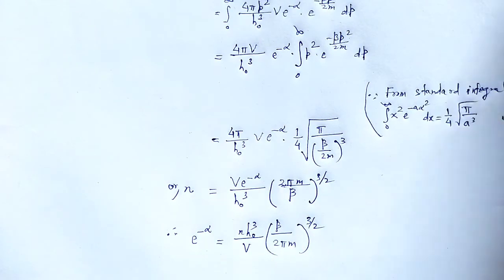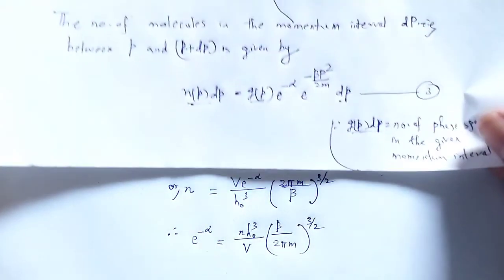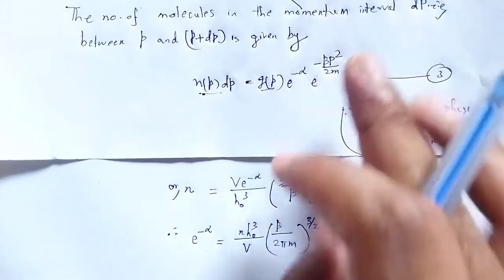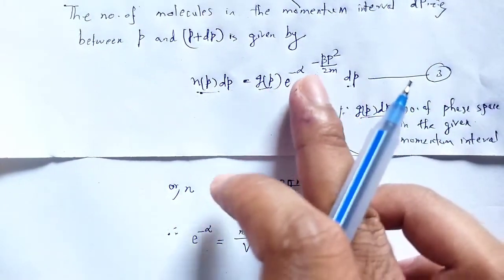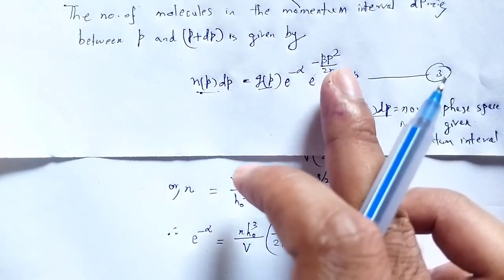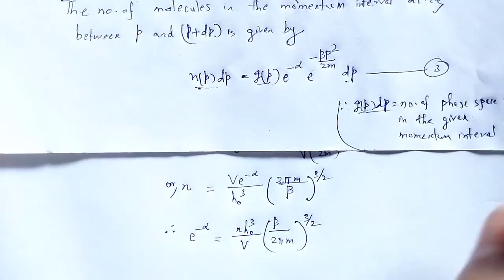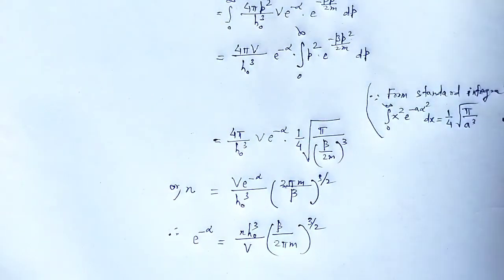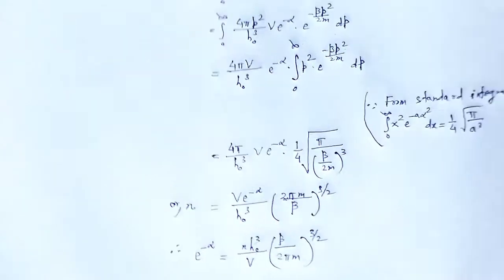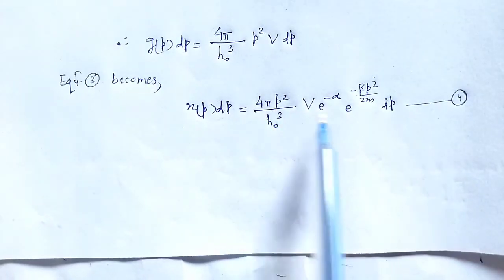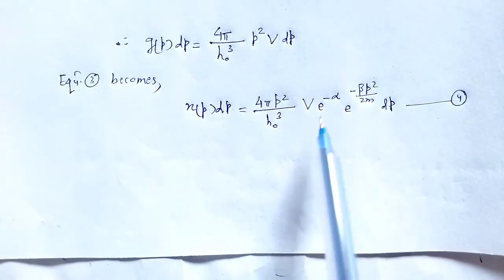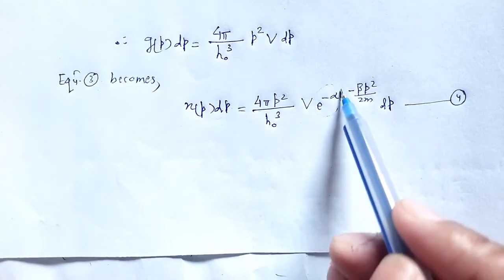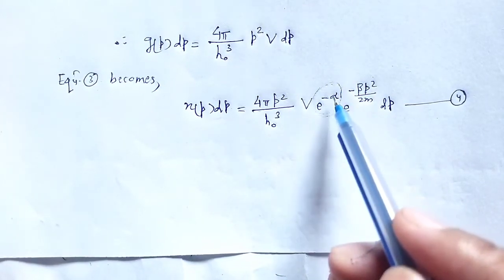Now the equation, as you say, equation number 3, n(p)dp is equal to g(p)dp e to the power minus alpha e to the power minus beta p square by 2m dp, and that equation changes to another equation as we take the value of g(p)dp. Now we find out the value of e to the power minus alpha.